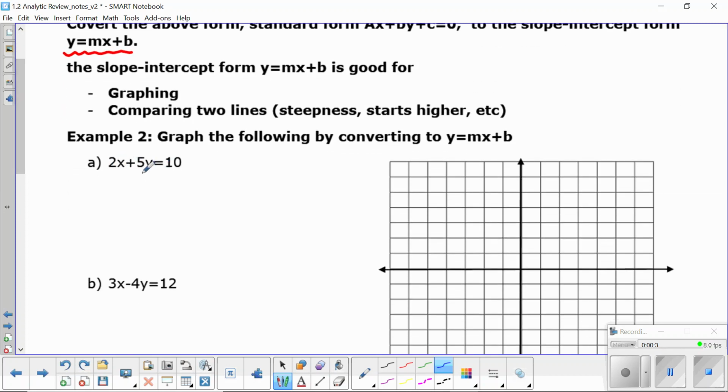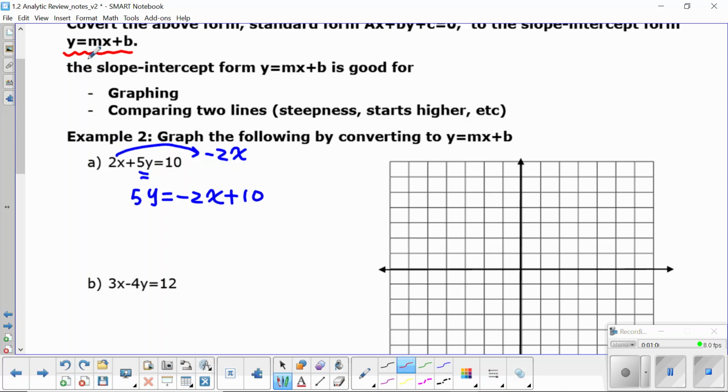So from this one, how do we convert it to slope-intercept form? We are going to solve for y. To solve for y, we treat 2x as a constant, so we move the 2x to the other side by doing the opposite operation, minus 2x. So we have 5y equals, we write x first, then the constant after.